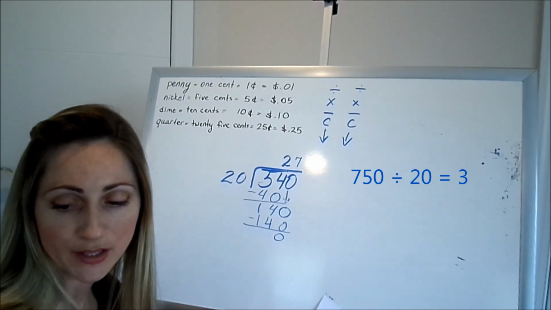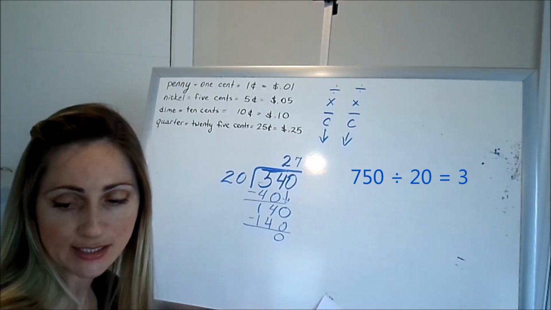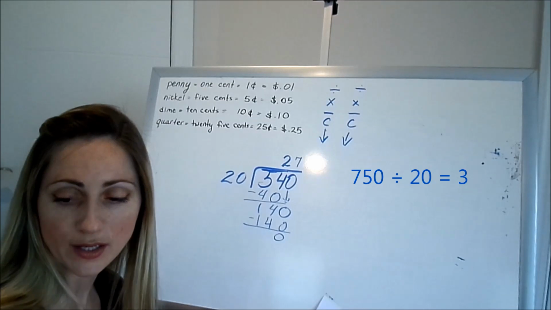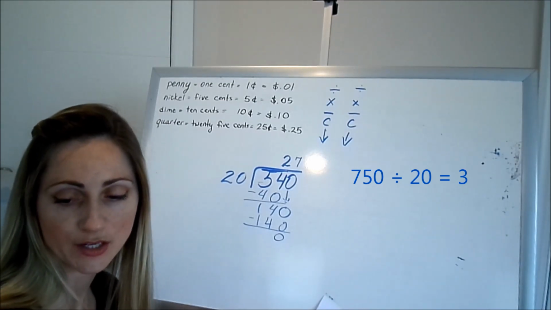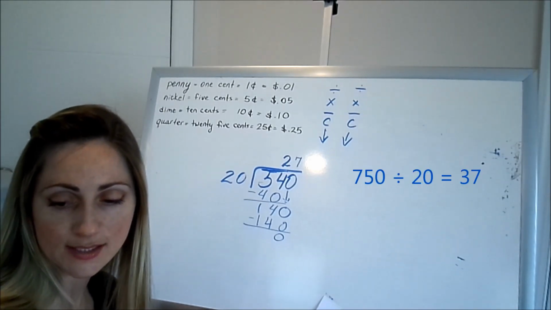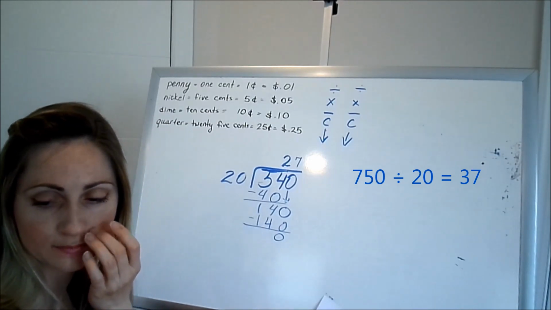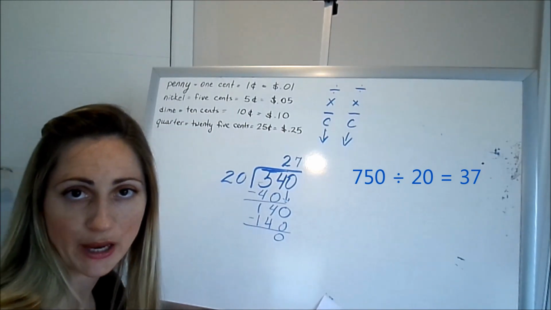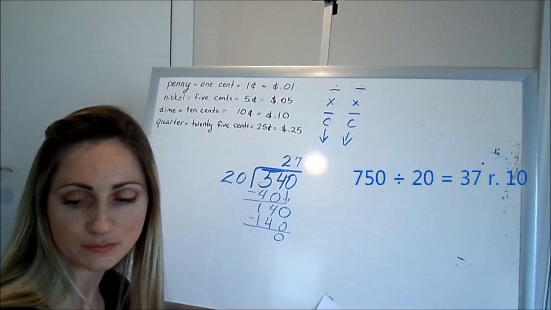Multiplied 20 by 3, got their 60, wrote it under the 75, subtracted 75 minus 60, got a 15, brought down the 0, and then divided 150 by 20, got a 7. 7 times 20 is 140. Subtracted, got a 10 left over. Compare, 10 is less than 20, and you got a remainder of 10.